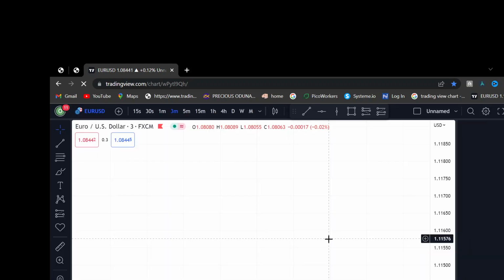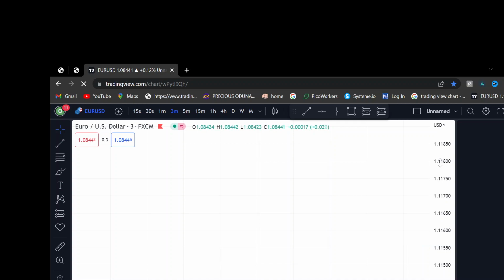If you look at this place where my arrow is, you are seeing that these are prices. Let's assume price was at this point, and price moves from here, 1.11576, all the way to this point here, 1.11800.